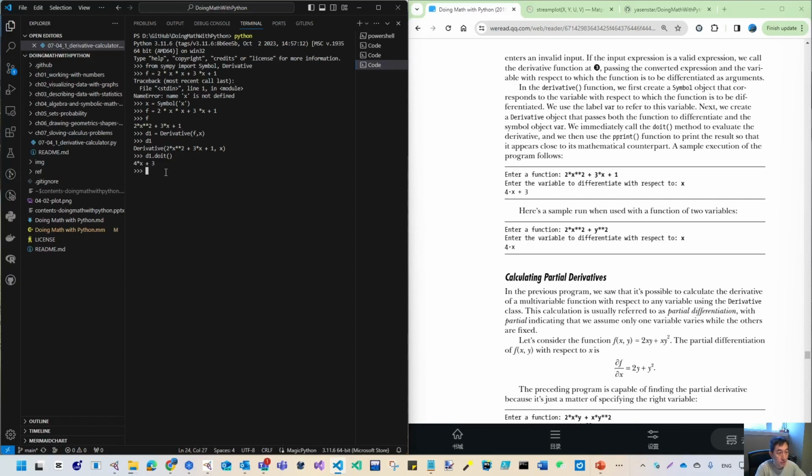So 4x plus 3. Now if I do this derivative of f, x, and give a 1, you can see there is no error. What d1 means is exactly the same, and if you do this you get the same result, 4x plus 3. That means by default the third argument is 1.